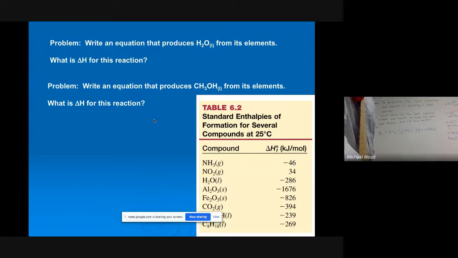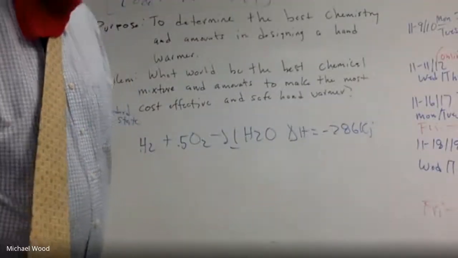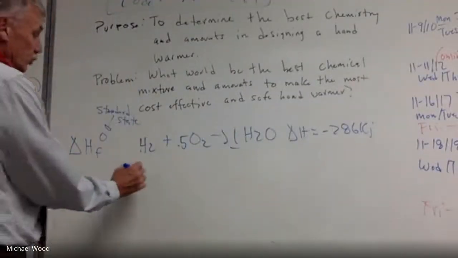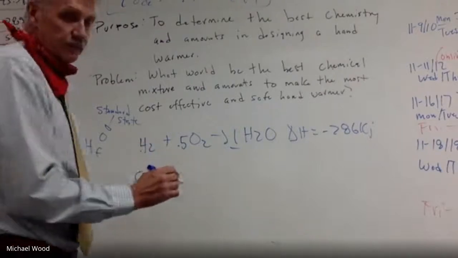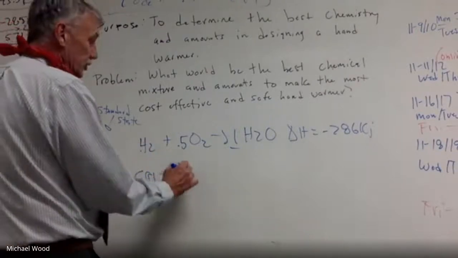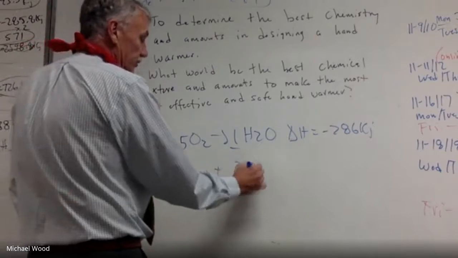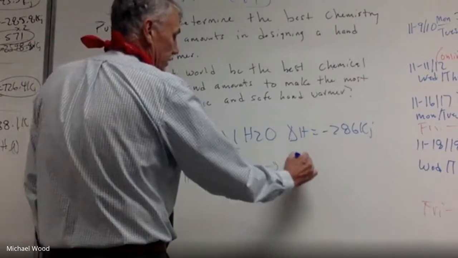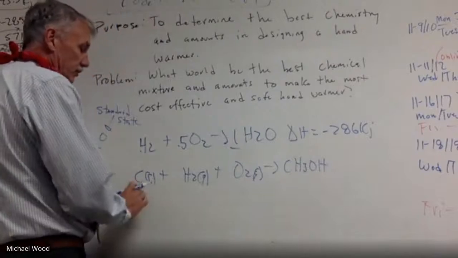If I do this, I always want it to be in terms of 1 mole of that CH3OH. So here I would have carbon, which is not diatomic, plus hydrogen, which is diatomic, oxygen, which is diatomic, and we're making this.